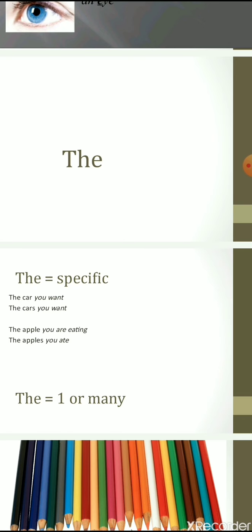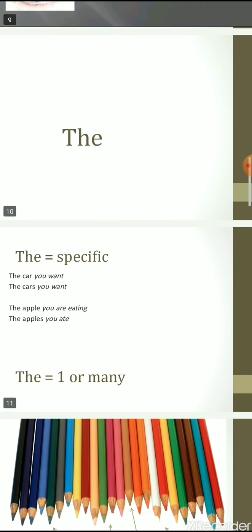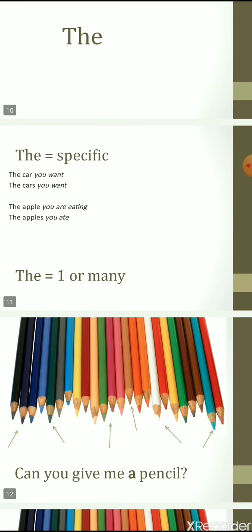Now the definite article is used before nouns that are specific. And how do we define specific? We will see as the lesson progresses. The nouns that have already been mentioned or are easily understood, and the can be used with both singular and plural nouns.